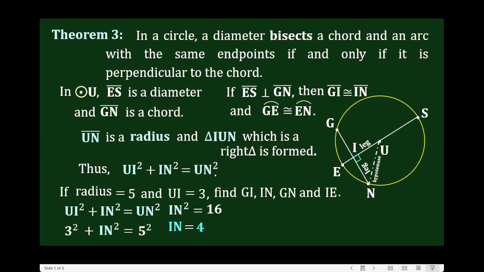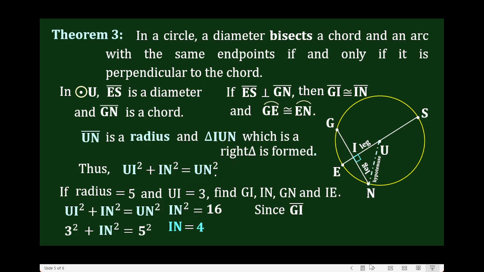What are the segments remaining to be solved? That is segment GI, segment GN, and segment IE. The next segments to look for are segment GI together with segment GN. Going back to the theorem, since the diameter intersects perpendicularly with the chord, the diameter divides the chord into 2 equal parts.